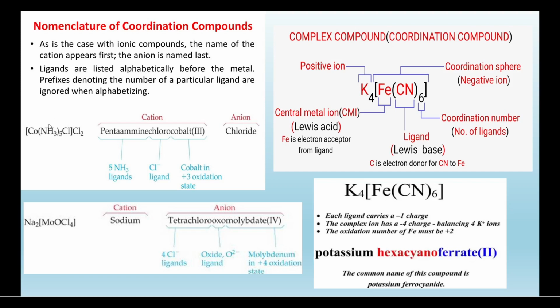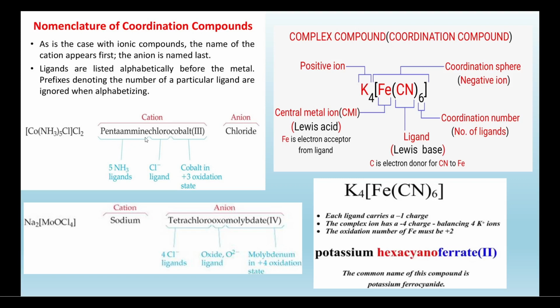There is no charge for the neutral ligand. First, the 5 amino means there are amines bonded with the metal ion, and 5 ligands are bonded with the central metal ion.